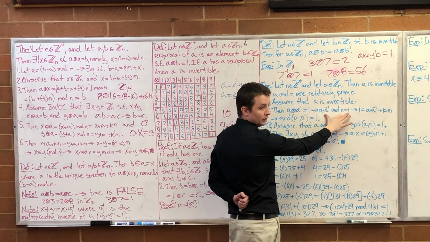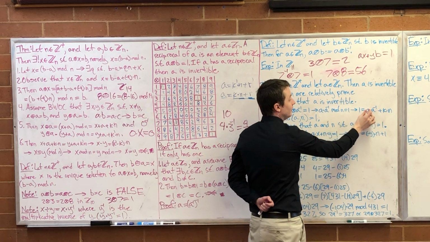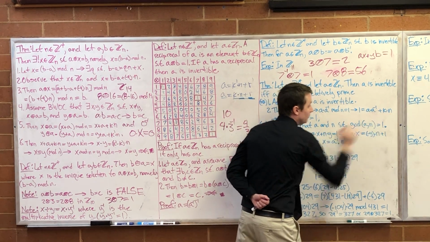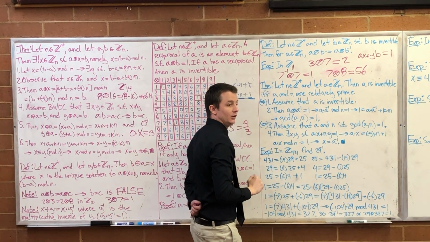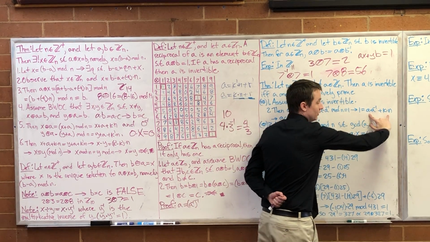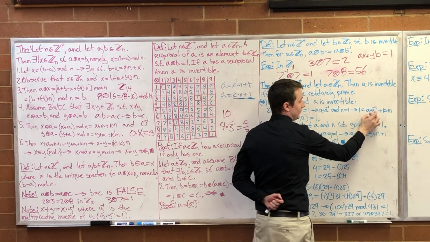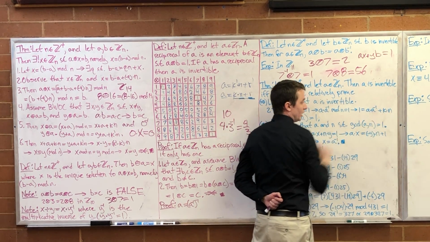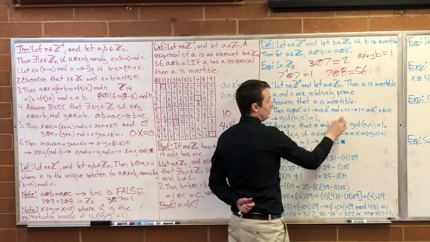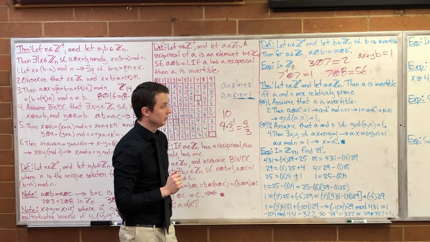Good? Now, if this mod n is equal to 1, then 1 is equal to this plus some integer times n. We're going to do that a lot. We're going to go from things that look like this to things that look like this. A times a inverse mod n is the same thing as a times a inverse plus some integer times n. And we know that's equal to 1, so it's still equal to 1. Good?